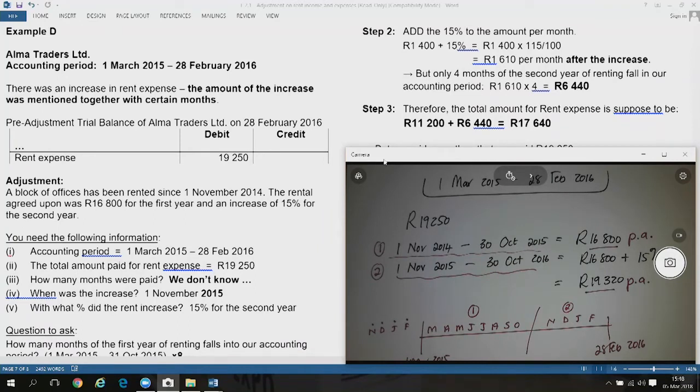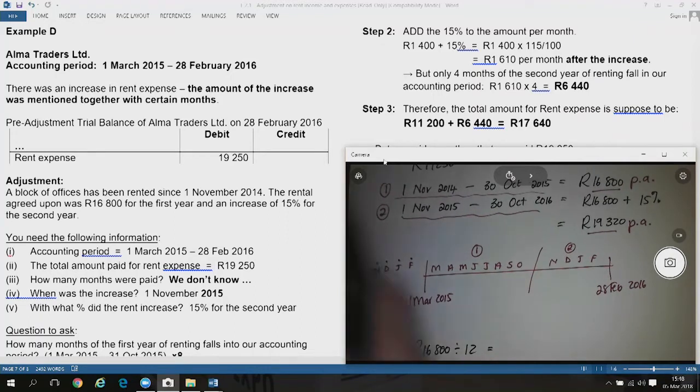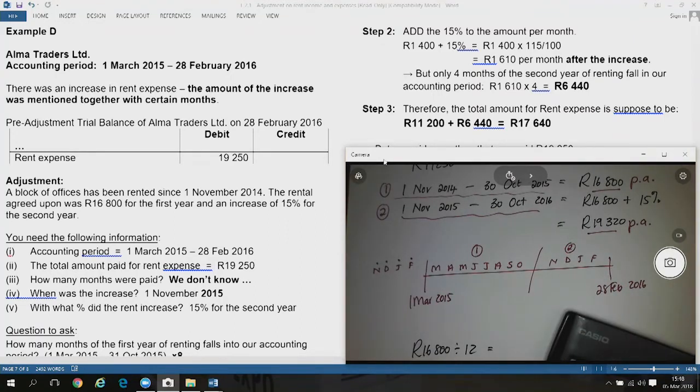So the easiest thing to do is to divide the first amount, 16,800, by 12. That gives you 1,400 Rand per month. And then you count.